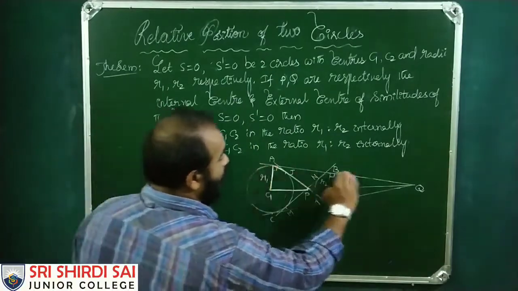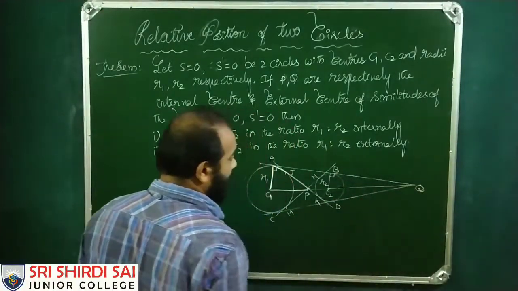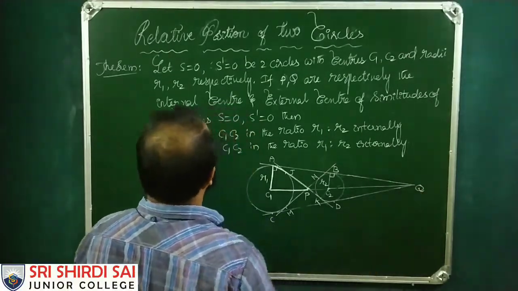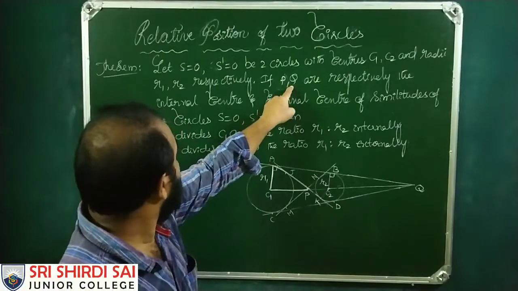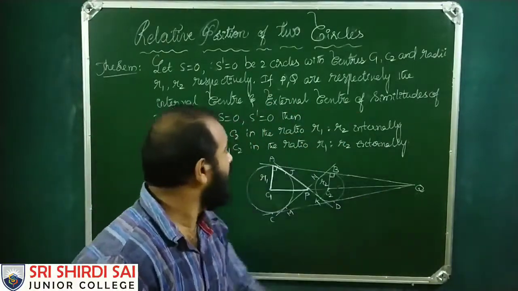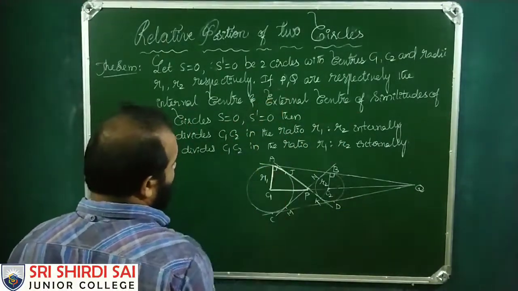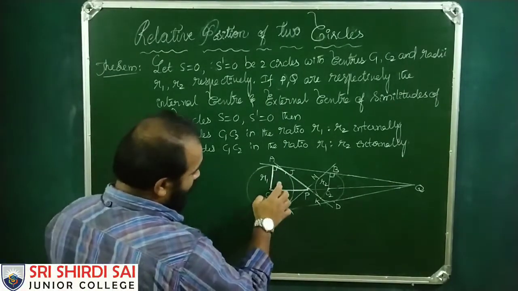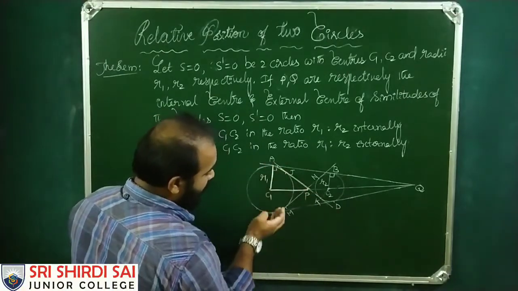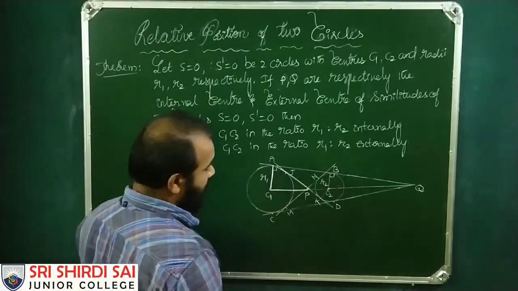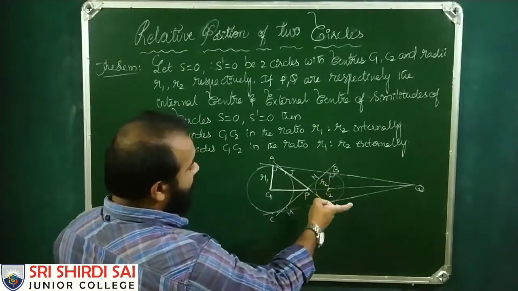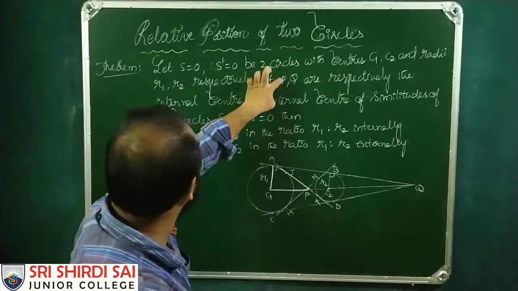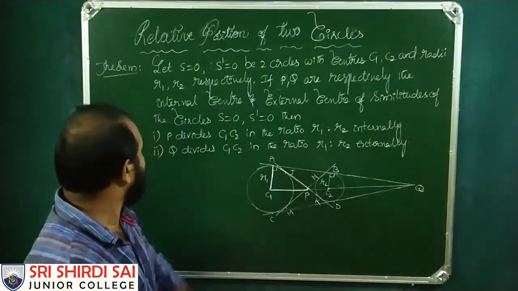So these are the direct common tangents, and the point of intersection of the direct common tangents, Q, is called the external center of similitude. And P is called the internal center of similitude, because these are the transverse common tangents, and P is the point of intersection of the transverse common tangents.